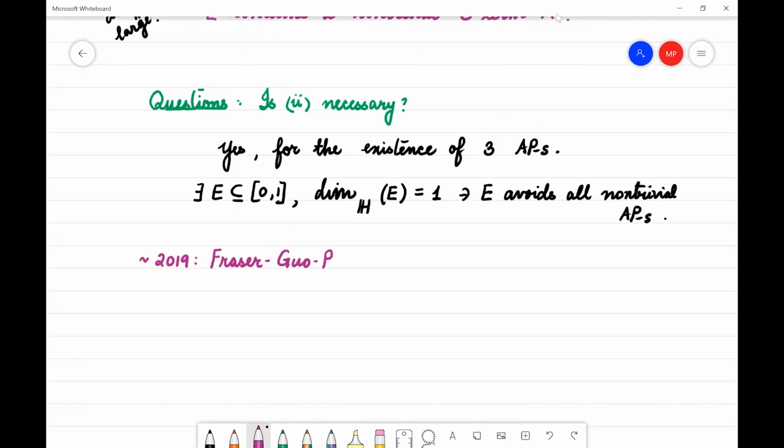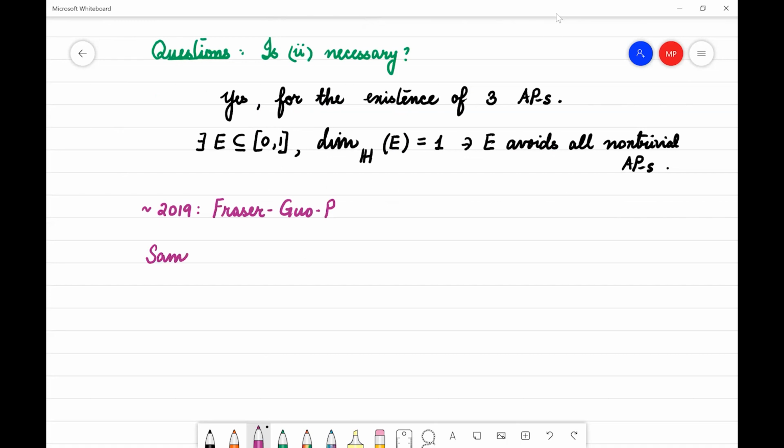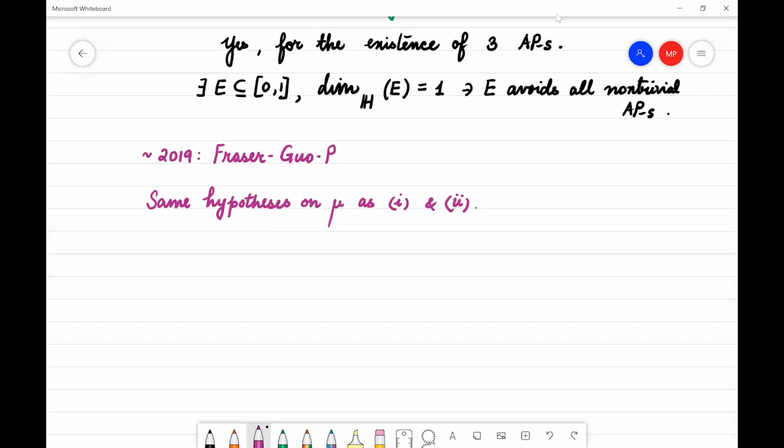Same hypothesis on mu as above. For sufficiently large alpha, the conclusion was that there exists an x in R and a t non-zero such that E contains a polynomial pattern.